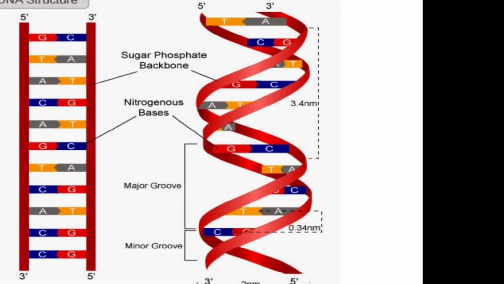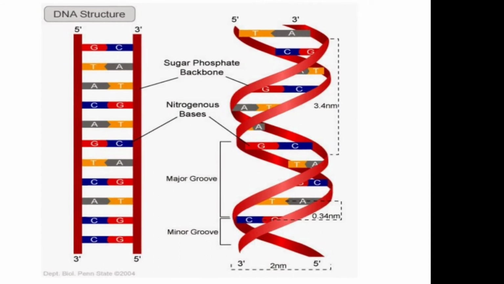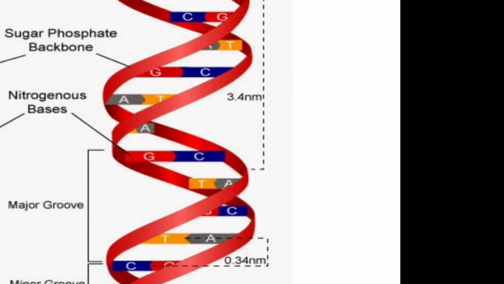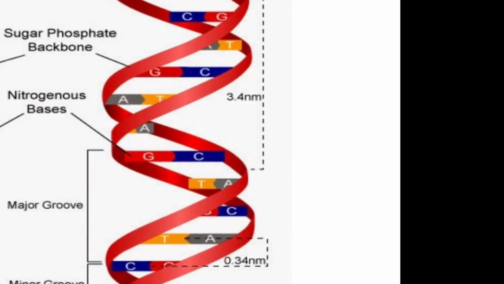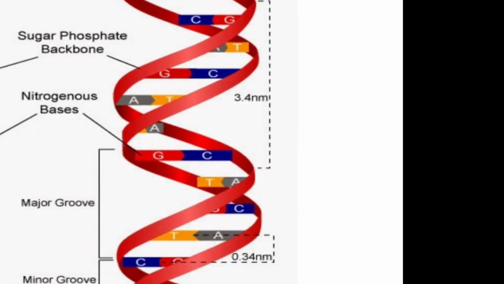The helix is 2 nanometer in diameter and makes a full spiral turn every 3.4 nanometer. One full spiral turn is 3.4 nanometer, after every 10 base pairs.